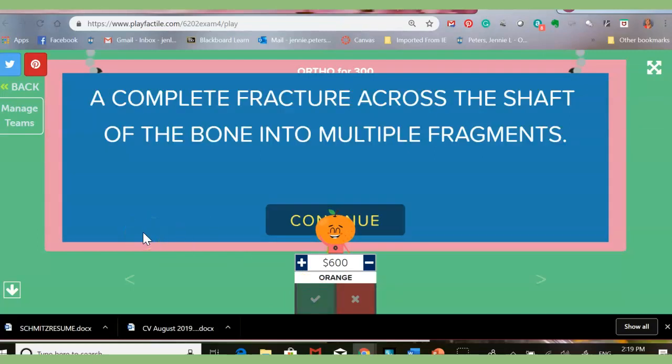All right, so what's a comminuted fracture? When you think comminuted, it's multiple fragments. So it's a complete fracture across the shaft of the bone into multiple fragments.